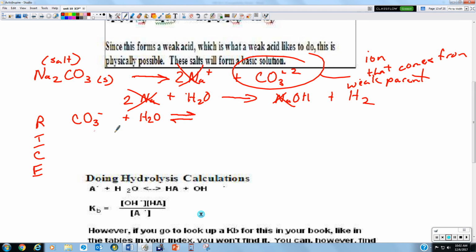What is my CO3 going to do? What does it want? It wants a hydrogen. So it's going to form carbonic acid plus what? OH negative. Now, this OH negative presence is what makes it basic.